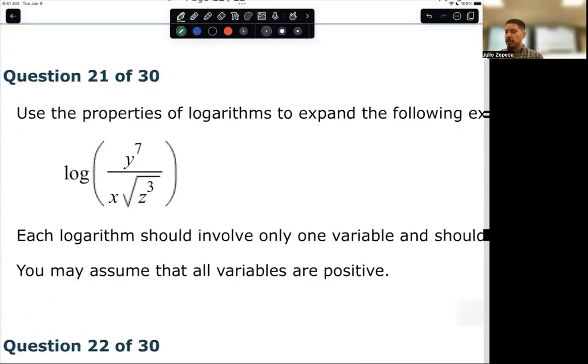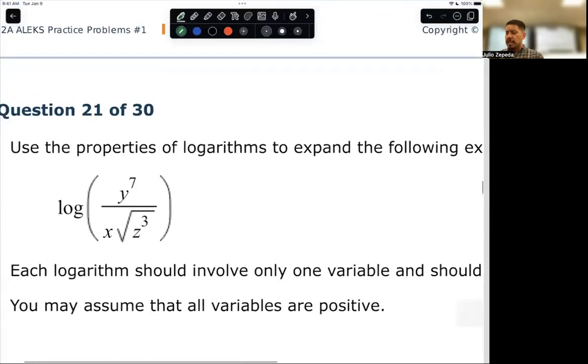Okay, so the first thing that we could do is we have a log of a quotient, a fraction, right? And there was a property that allows us to combine two logs, and we would divide the arguments. So how can we rewrite this? You can do this in one step, but I'm going to take a couple steps.